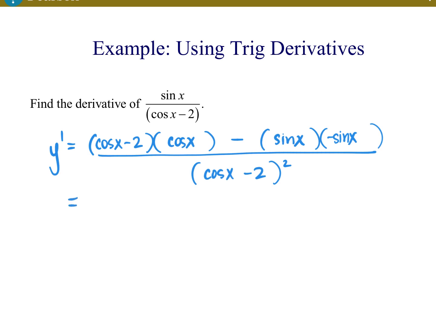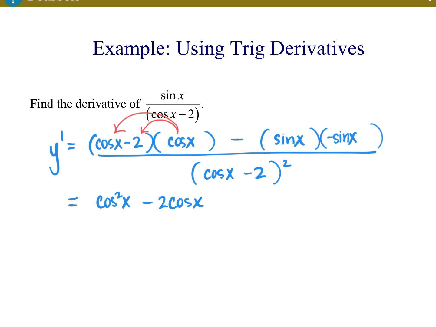Then I clean it up by doing a little distributing here. So I'm going to distribute, and I'm going to distribute. What's cosine times cosine? Cosine squared. And then minus 2 cosine x. And then the last chunk, when I multiply those two together, what do I get?